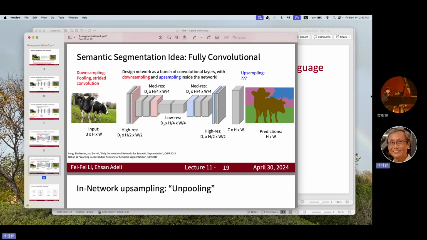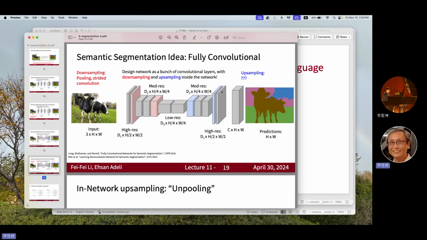Then because when we want to do the segmentation, we need to go back to the original resolution. Okay, but here, of course, we still have this fully connected layer for us to be able to understand the exact class of each of the pixels. But we have this downsample, and then we have upsample, so that we can go back to the original resolution.